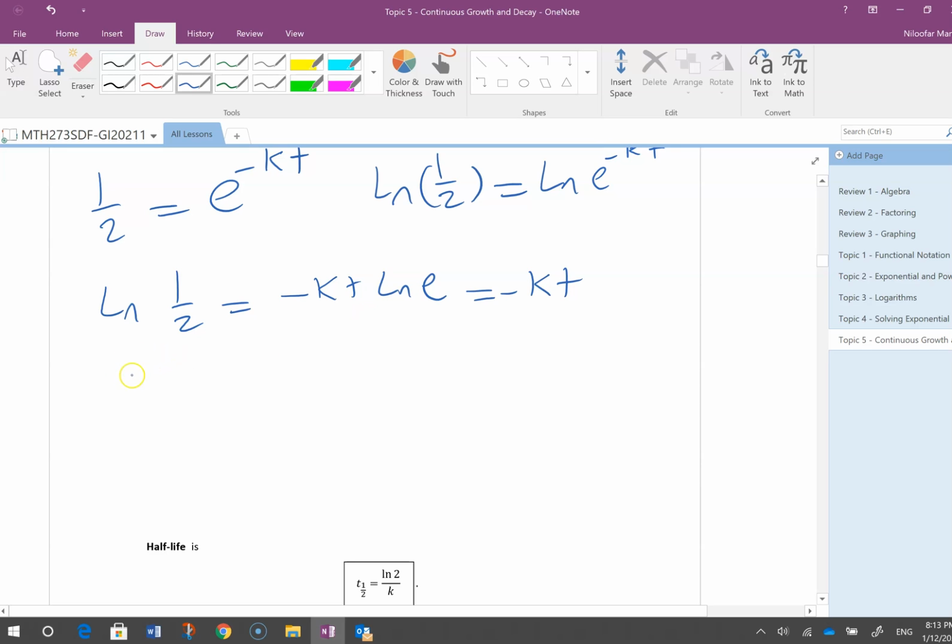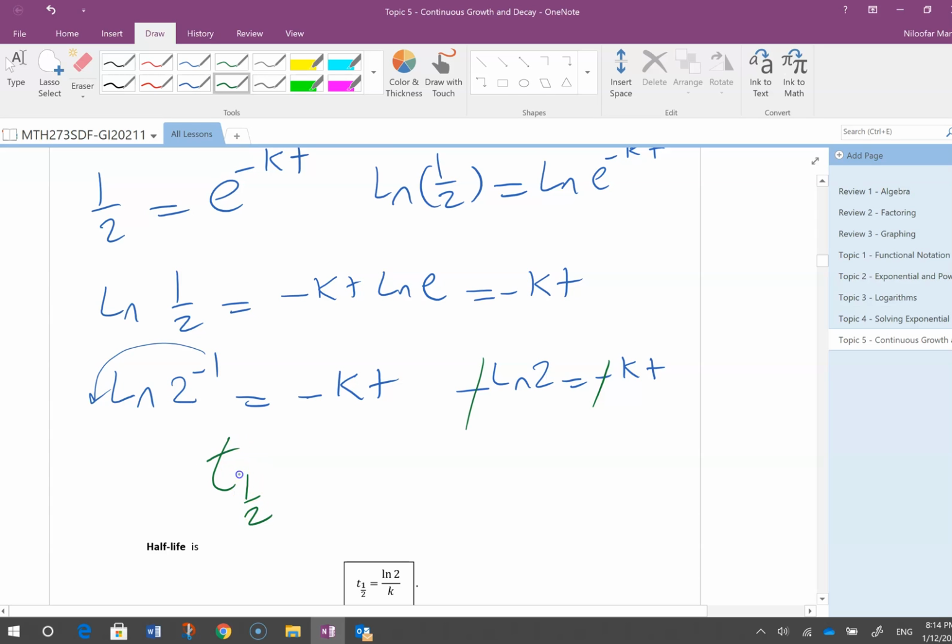So what's the answer? ln 2 power minus 1 is minus kt. Can I bring this here? Yes, this is minus ln 2 equals minus kt. Can I cancel minus and minus? Yes. So what is t? This is the half-life, so it is ln 2 divided by k.